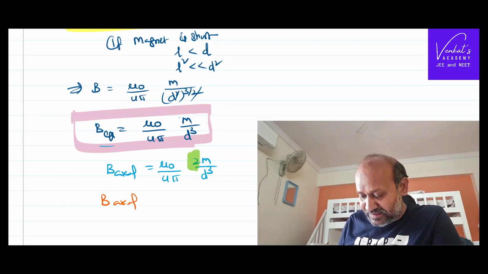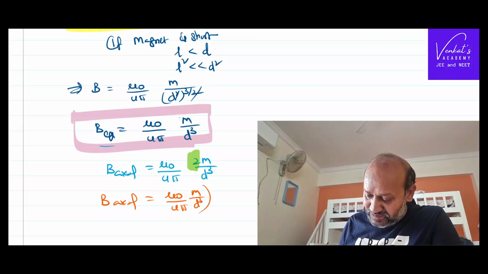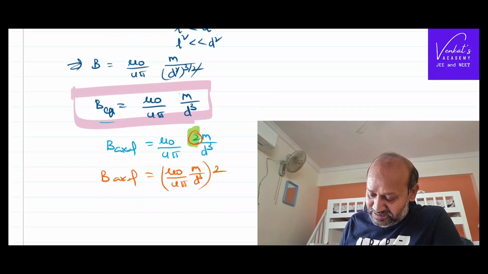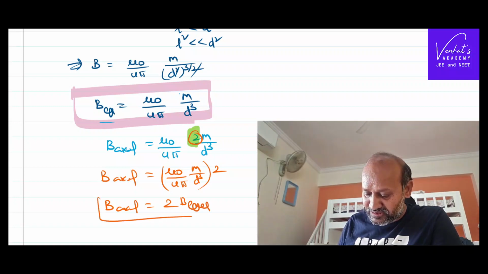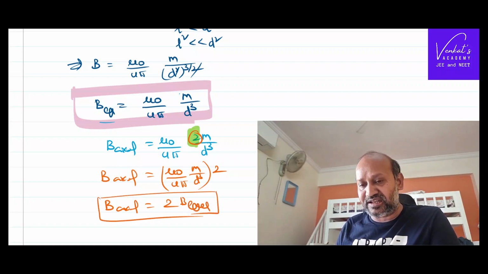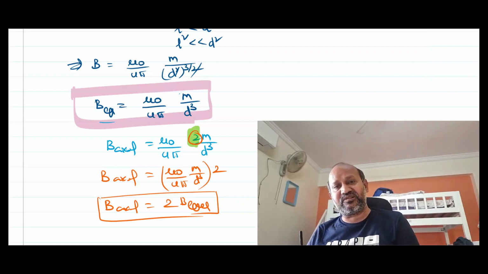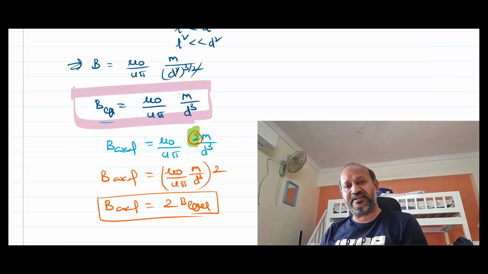The axial value is mu naught by 4 pi, M by d cube, that of the equatorial line, and this 2 is extra. So the axial line value is 2 times the equatorial line value. So magnetic induction on the axial line is more when compared with the equatorial line. That's the understanding. Thank you for watching.